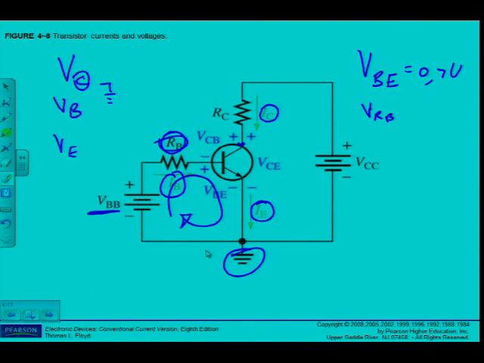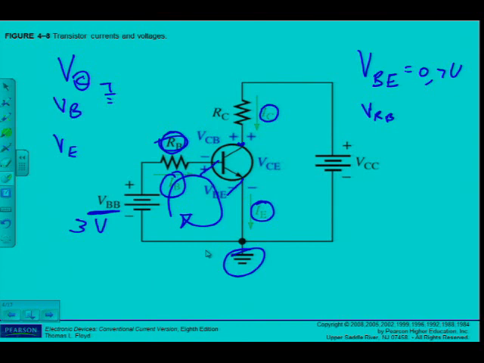Right? So now I already know what is the voltage drop there over the base emitter. That is 0.7 volts. And say, for instance, I know what is the supply voltage here. Say that is 3 volts. Then I can determine VRB. Then VRB should be equal to the supply voltage minus the VBE, and then I have the volt drop over the base emitter junction there.